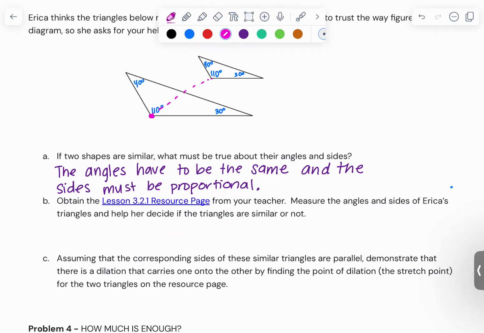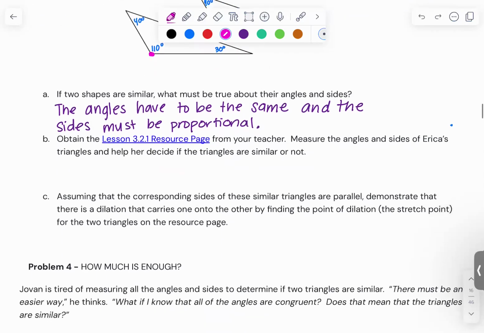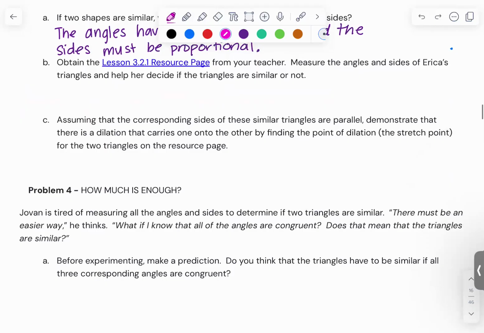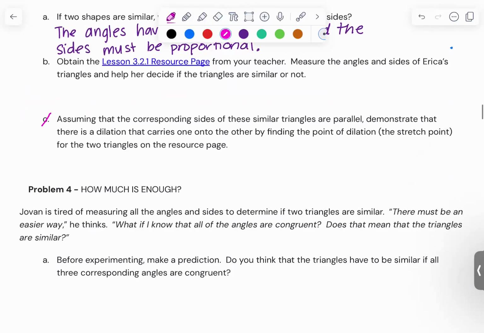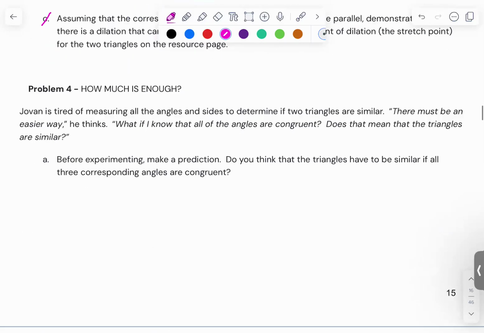And that stretch factor again would be dependent upon what the measurement of those sides are. Okay, so you have your stretch factor right there, although that's not the best way for me to show you the point of dilation. We didn't really get too much into the depths of part C, so as long as you established A and B, you were good.